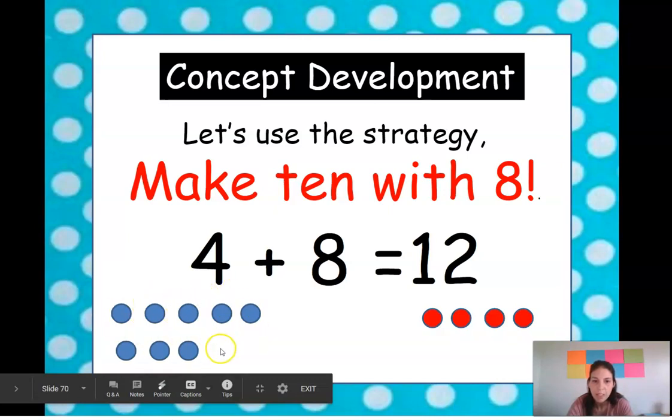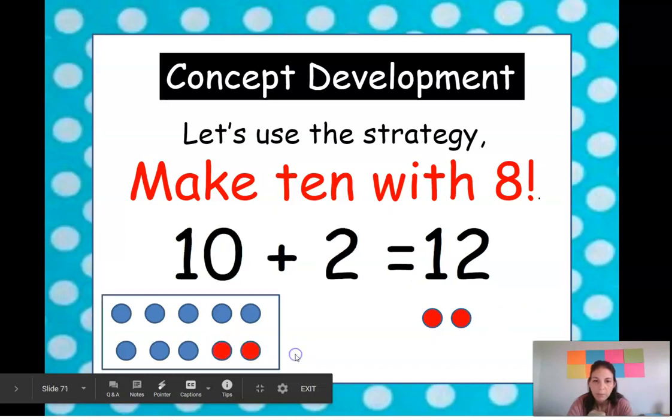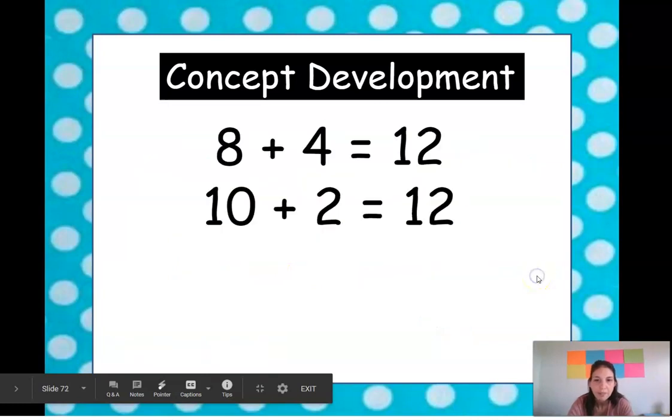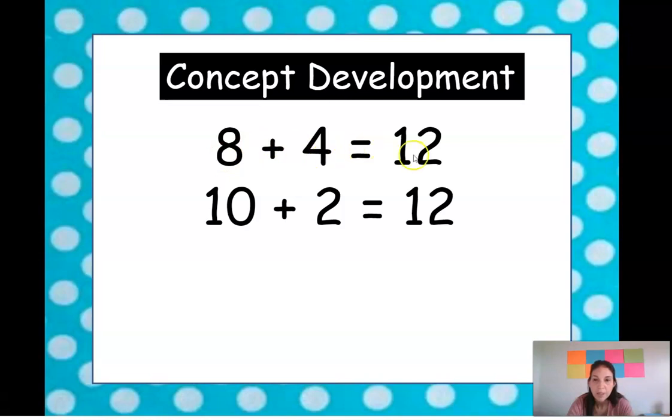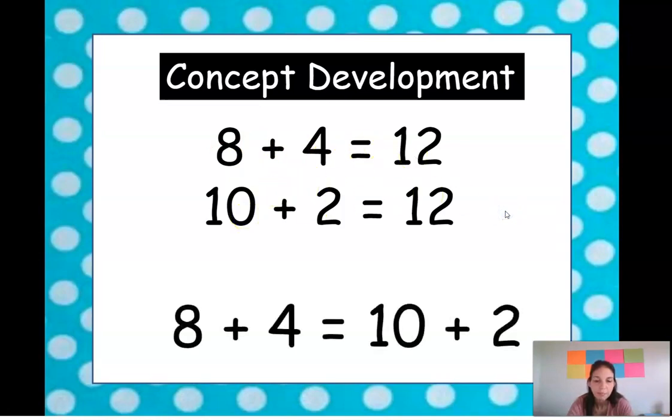So we're missing 1, 2. There. Now we have a group of 10. And how many are left over here? 2. 10 plus 2 equals 12. 8 plus 4 equals 12. 10 plus 2 equals 12. These two numbers have the same answer.